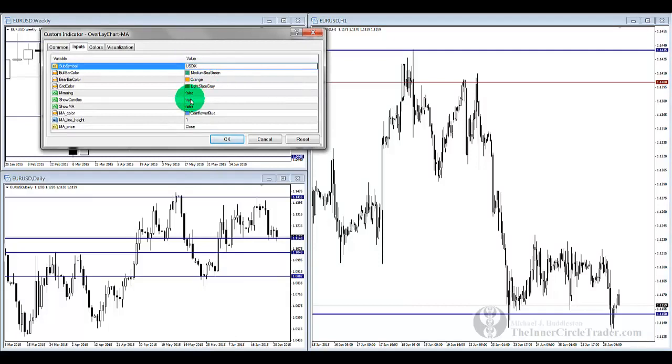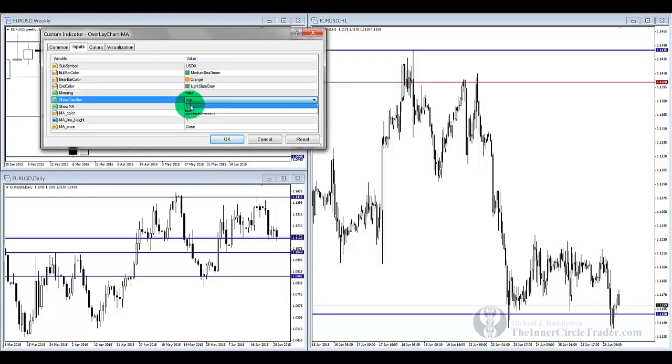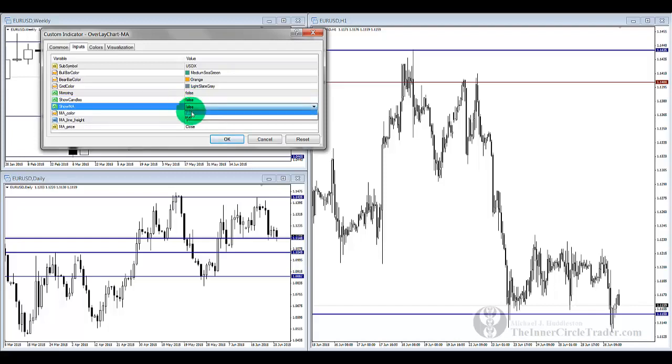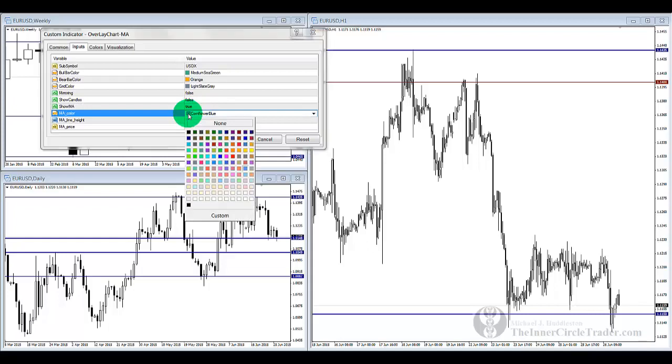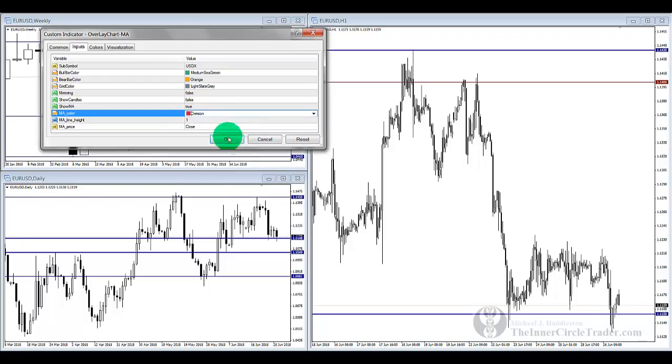Okay, and we don't want the candles to show, and we want to make sure we show the moving average. Okay, and we put a little contrast in color, put a red on there.